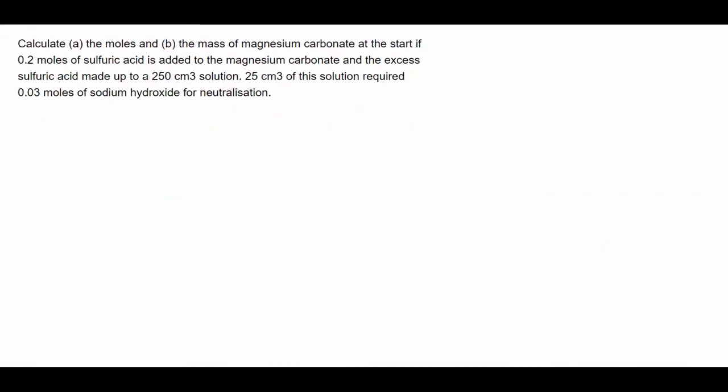So now moving on to the next part. The leftover sulfuric acid in the 25 ml solution will be estimated with NaOH. So now let's see the reaction. NaOH reacts with H2SO4 to give sodium sulfate and water.